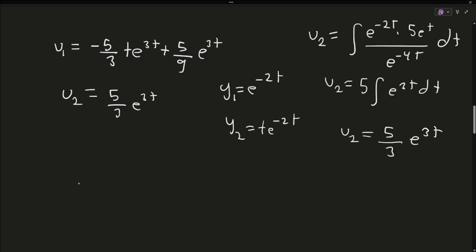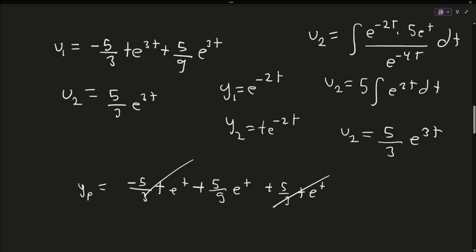So the y particular will be -5 over 3 t e to the t plus 5 over 9 e to the t, and plus 5 over 3 t e to the t. And these guys cancel out.